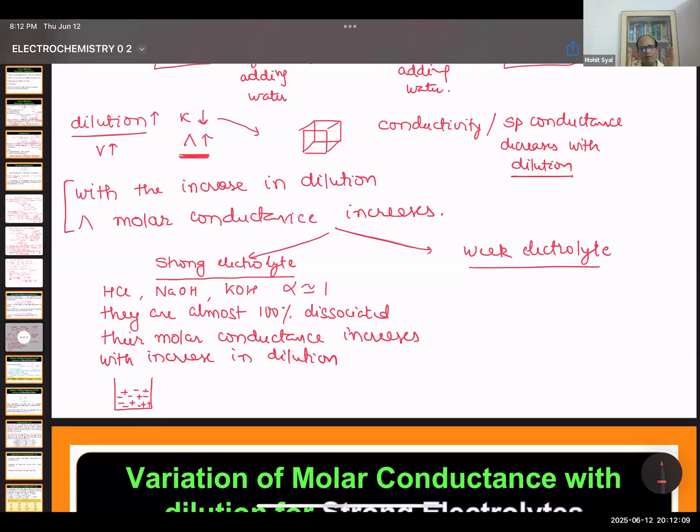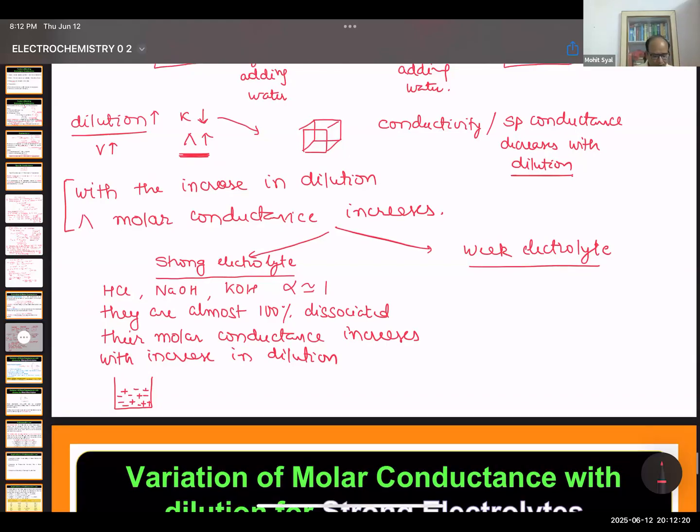And when you put the electrode, the ions start moving, and because the ions are in a very small volume, they are going to stop each other. Is it clear? Suppose this positive ion is moving like this. Negative ion is moving like this. So it is going to attract. Okay. And they're going to collide with each other in a small space.